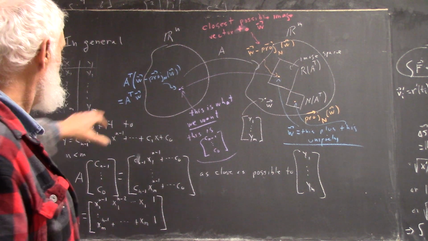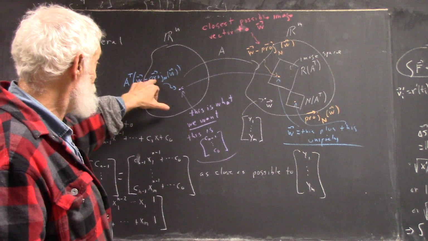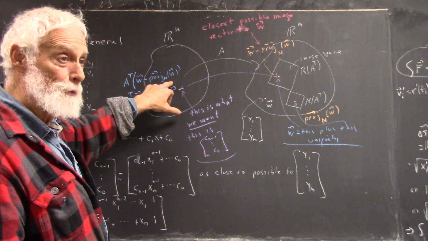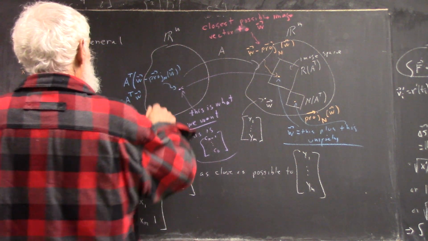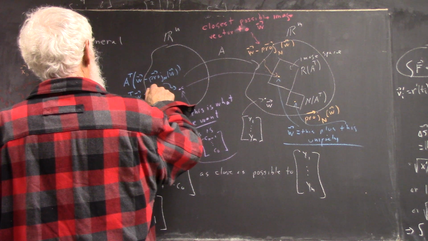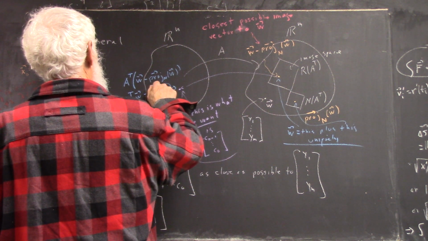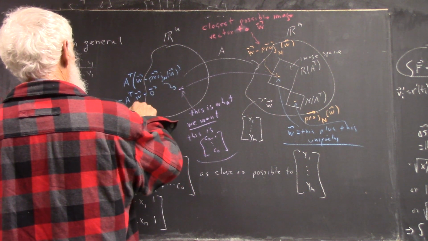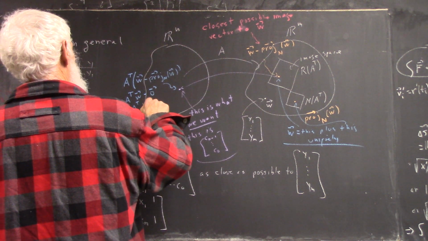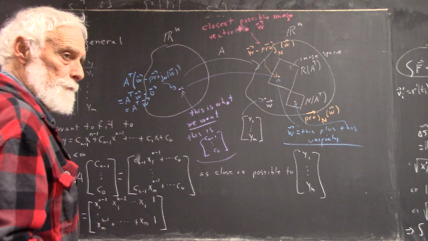It's A transpose times W. Because this is in the null space of the transpose, it maps to 0, right? Okay?